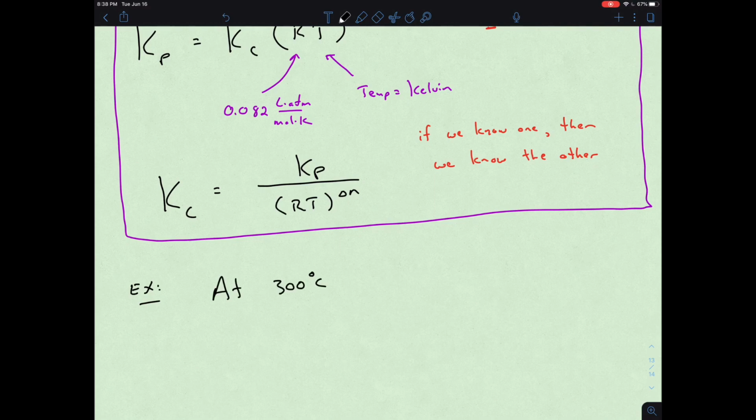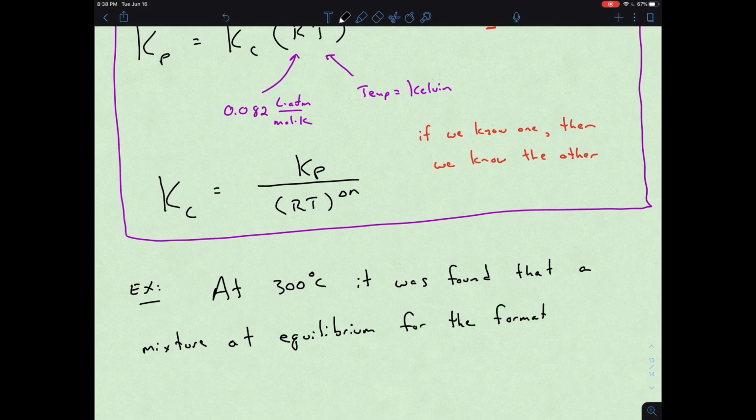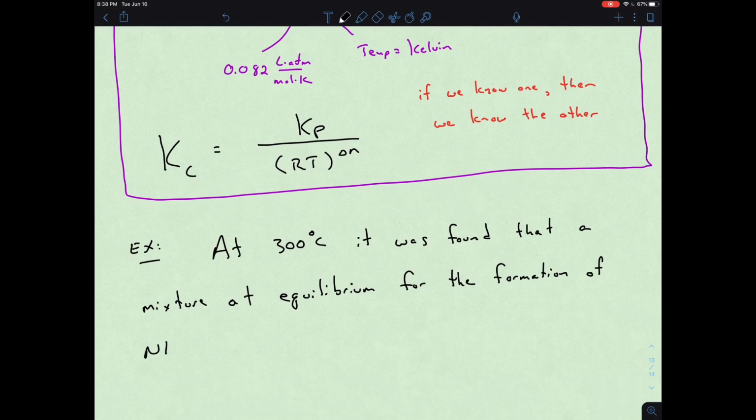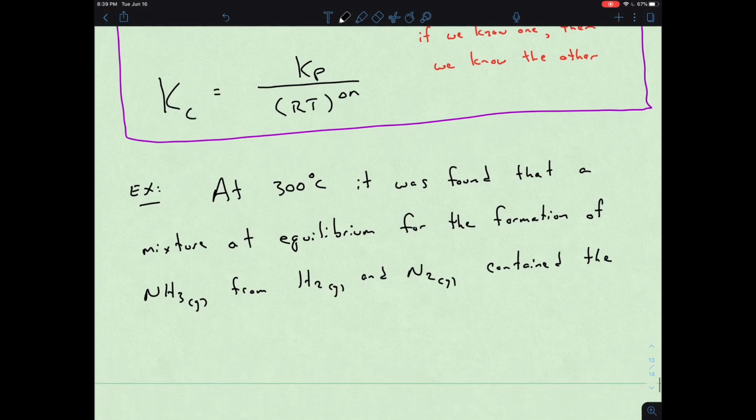At 300 degrees Celsius, it was found that a mixture at equilibrium for the formation of NH3 from hydrogen and nitrogen gas contained the following concentrations.